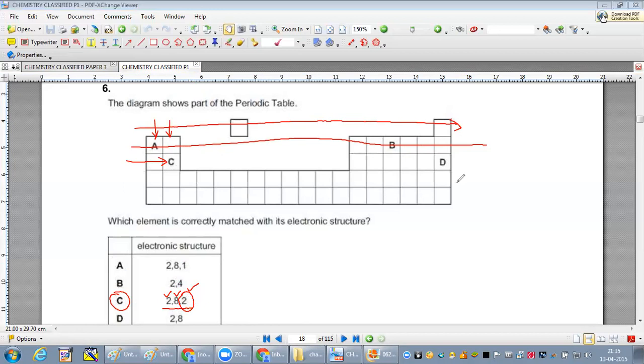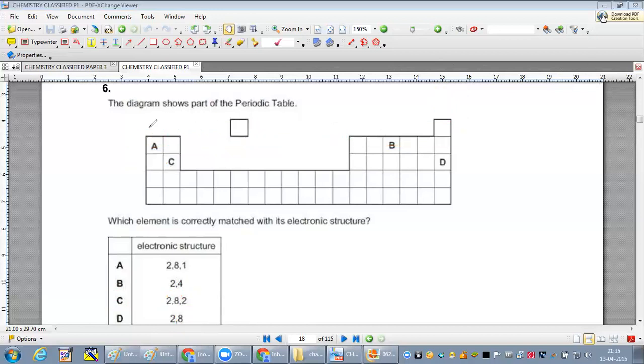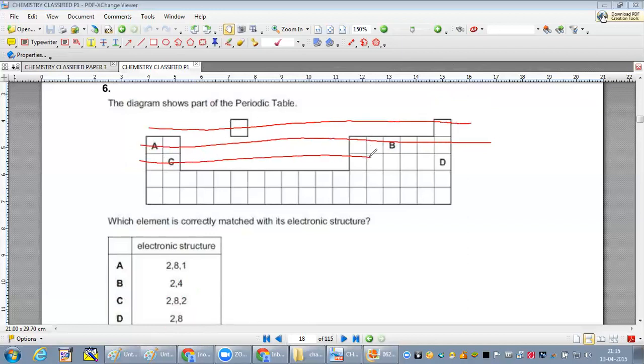For D, if you look at 2, 8, of course its group number is correct. This is group number 8. But if you look at the number of shells for D, this is your first shell, this is your second shell, this is your third shell. So it must have 3 shells. So actually its electronic configuration will be 2, 8, 8 if it has to be located over here.